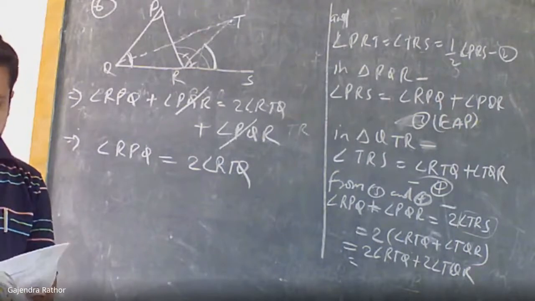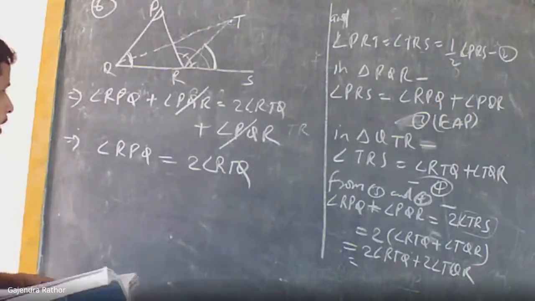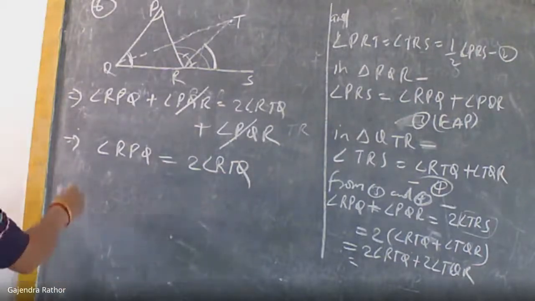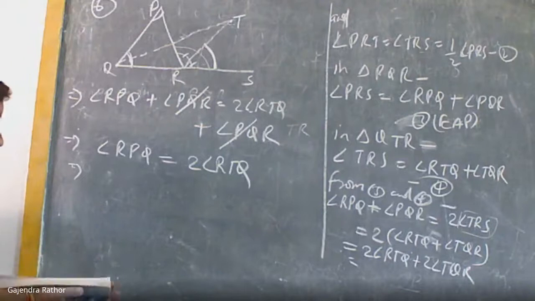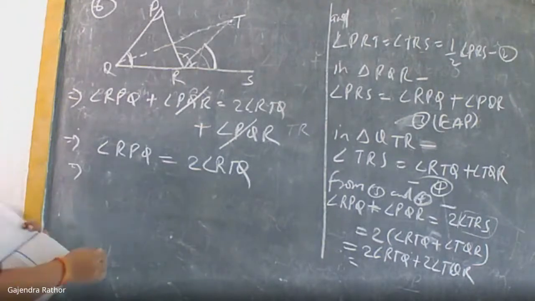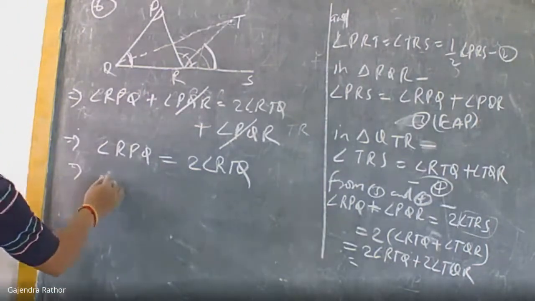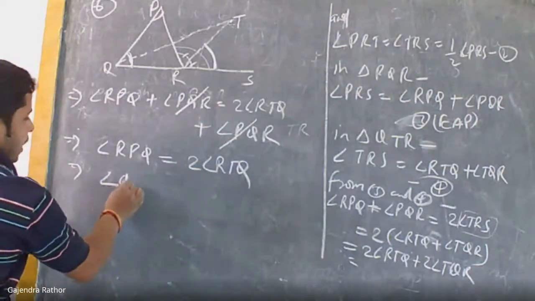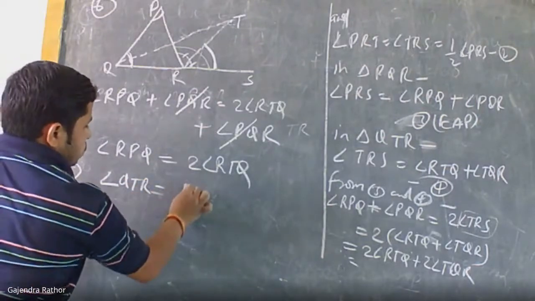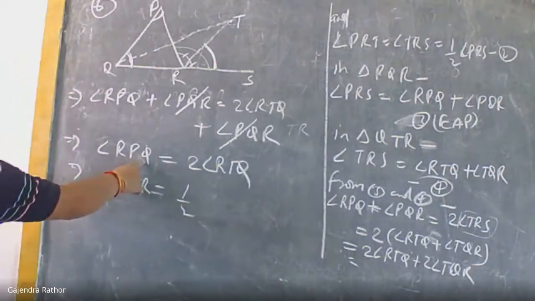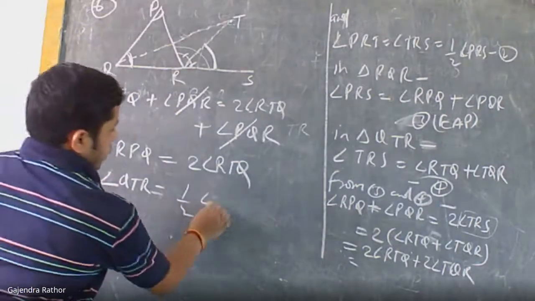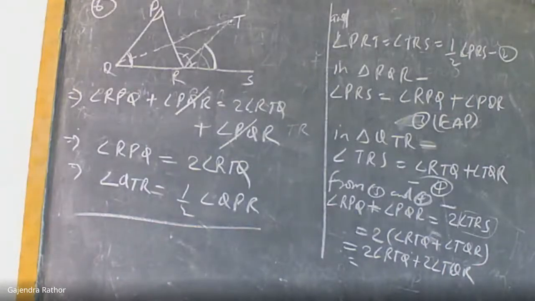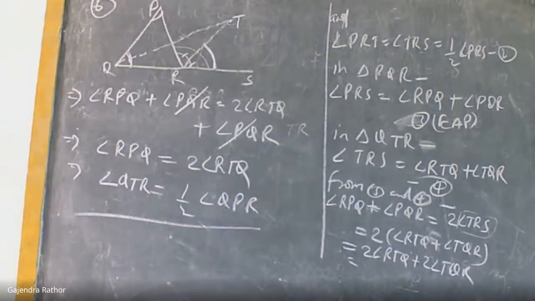Correct, QPR. So transposing 2 to the right-hand side, we can write angle QTR is equal to 1 by 2 angle QPR. So we finally got the last step.